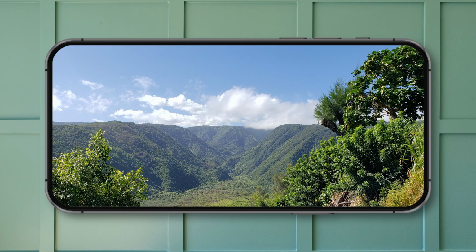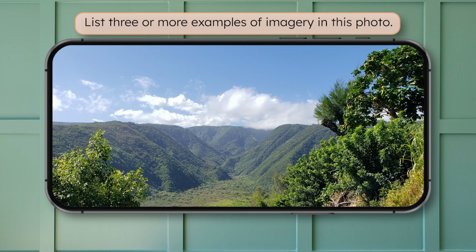Look at these mountains I saw on my hike. Since haiku are all about capturing the moment, start by listing 3 or more examples of imagery in this photo. What would you see, hear, feel, smell, or possibly taste if you were in this photo?